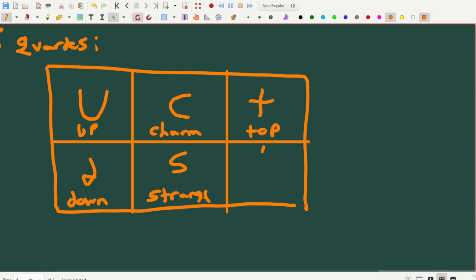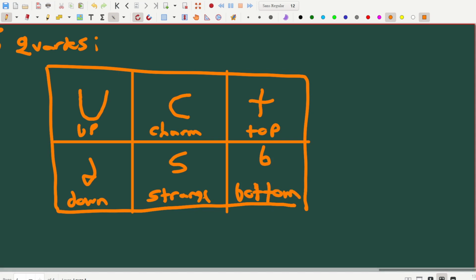And the bottom quark, which actually used to be called the beauty quark, but they changed it because they thought it was a little misogynistic. All right, so there are 6 universal particles that interact through the strong force.